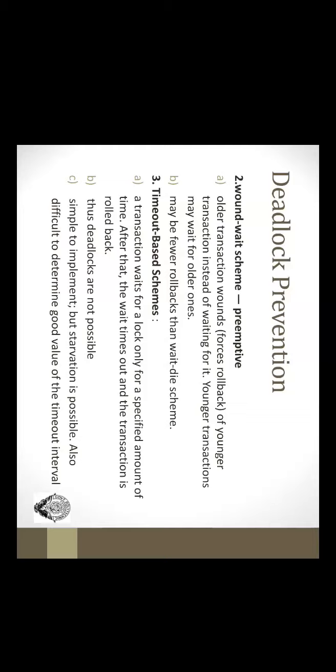There may be fewer rollbacks than in the wait-die scheme, because here the younger one is rolled back rather than the older one waiting, so there may be a smaller number of rollbacks in this wound-wait scheme.